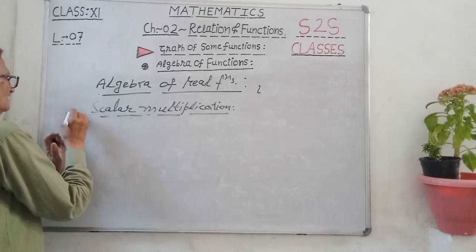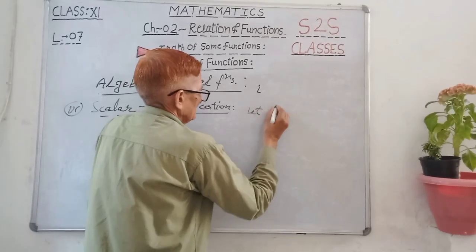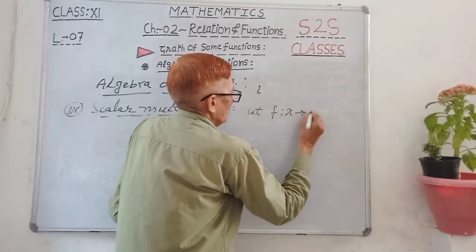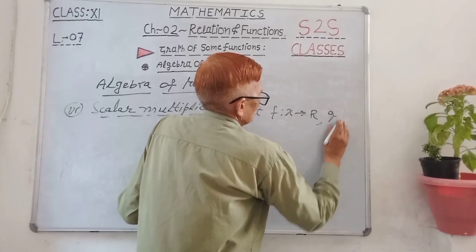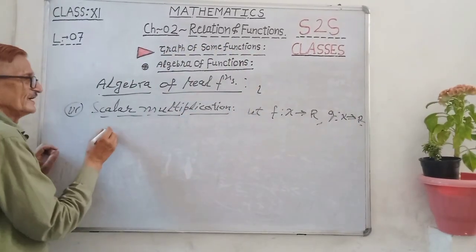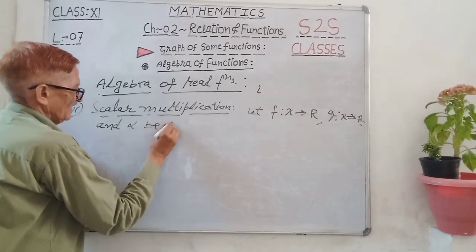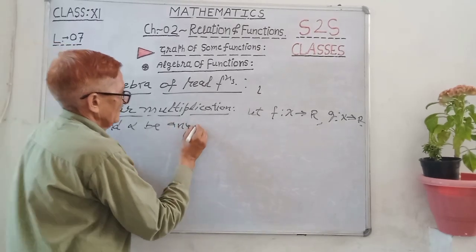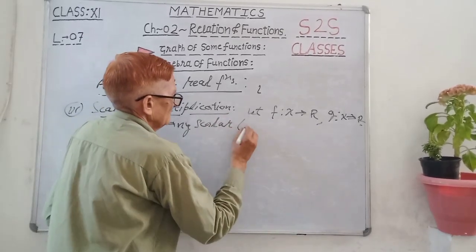Scalar multiplication means: let f: X → R and g: X → R, and let alpha be any scalar. Scalar means a real number.